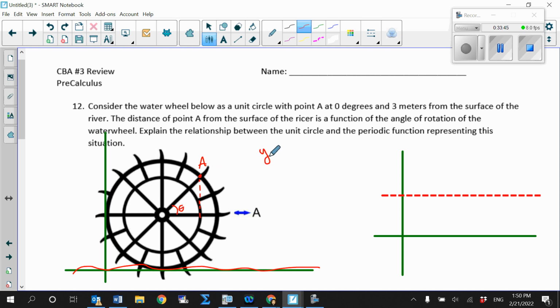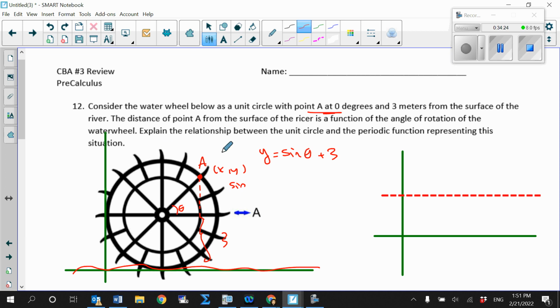So again, y equal to sine of theta is the function, because we know this point has the coordinate x and y, and the y value is sine, and y value is what we are looking for, the height. But notice that it's shifted up 3 meters because it says this point is 3 meters above the surface of the water. So whatever this point is, I need to add 3 to that. So my function is sine of theta plus 3.